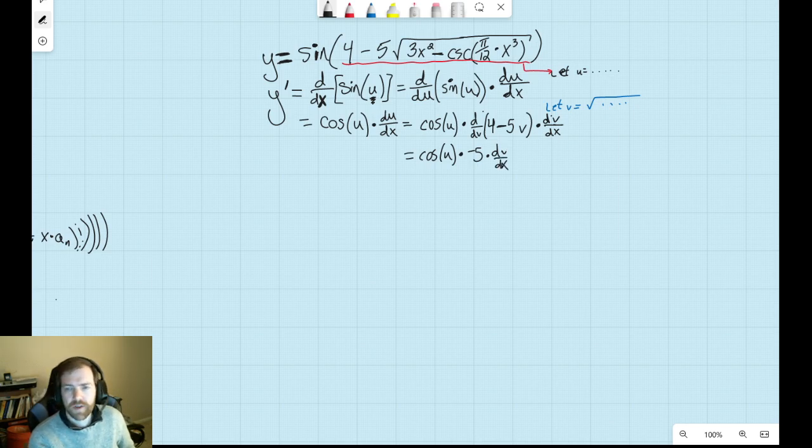Okay, now we do the same thing again. All of this stuff in here, inside of the square root, can be w. So 3x squared minus cosecant of pi over 12 times x to the third. So w is going to just be all that stuff, and again, v is the square root thing.